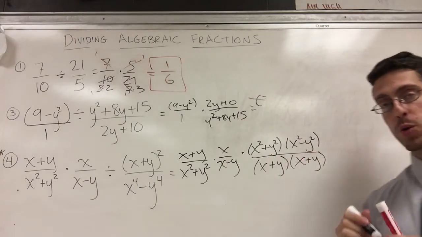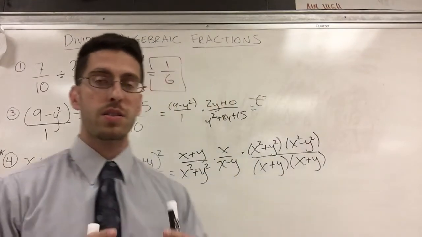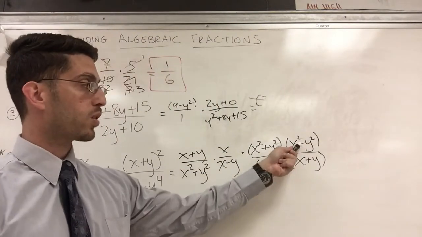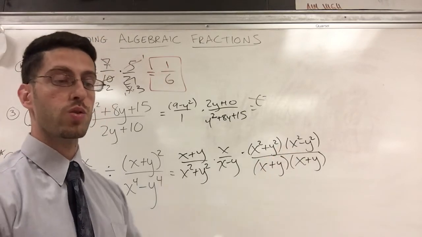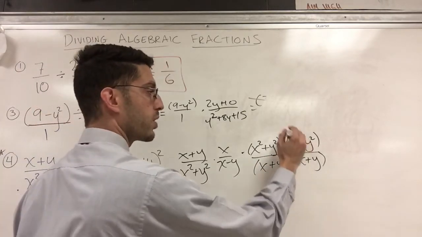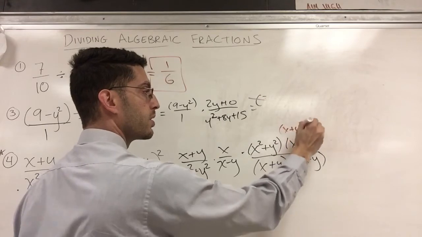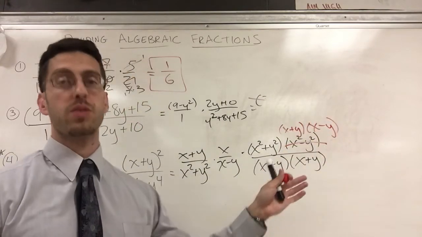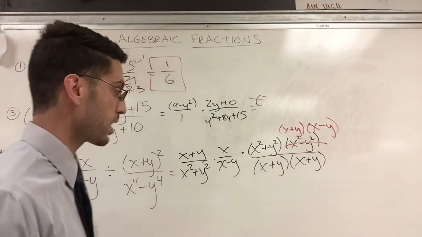You know what's really cool about this question is something called factoring completely. So you think you factored so you're done. I could look at this guy, it's another difference of 2 squares. You can go again and you can factor this as x plus y times x minus y. So that becomes that. Now it's completely factored and now I can start canceling out.